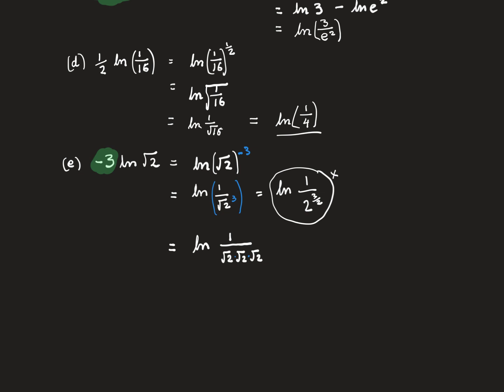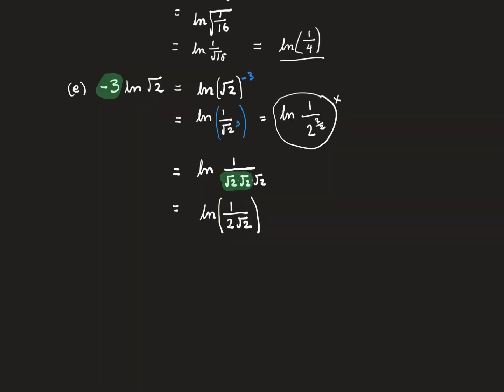Now, you can see that there are 2 root 2's, which can now be defined simply as 2. Root 2 times root 2 is just 2. So we can rewrite this again, and we can see it as 1 over 2 root 2. And this is the way that we usually like to write these rational numbers down. This is the preferred answer.